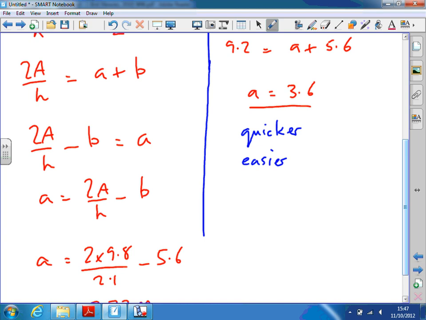Yeah, exactly, that's right. Disadvantages? Could be less accurate because you're rounding as you go along, aren't you? If you're working it out as you go along, you're likely to be rounding as you go along. So it's possibly less accurate.